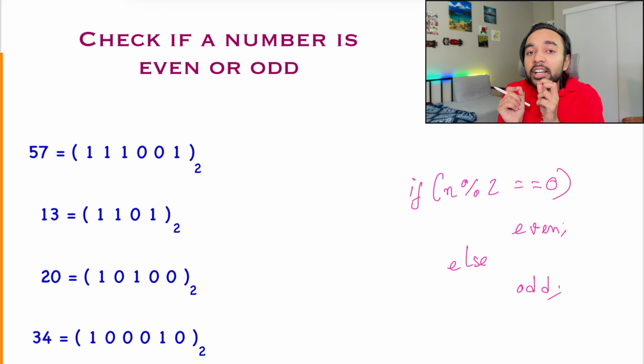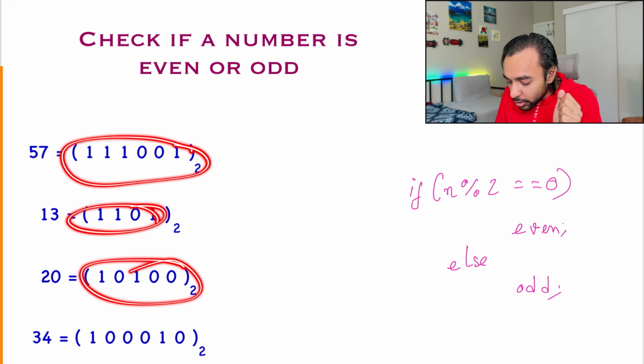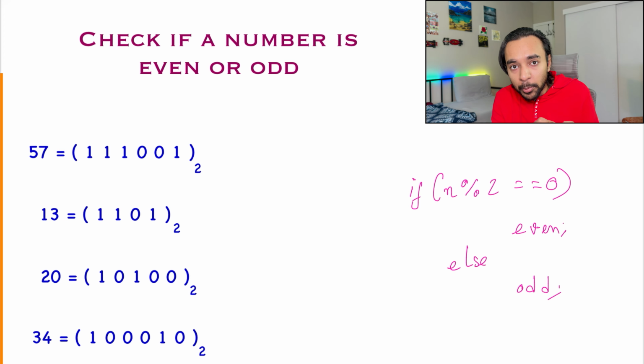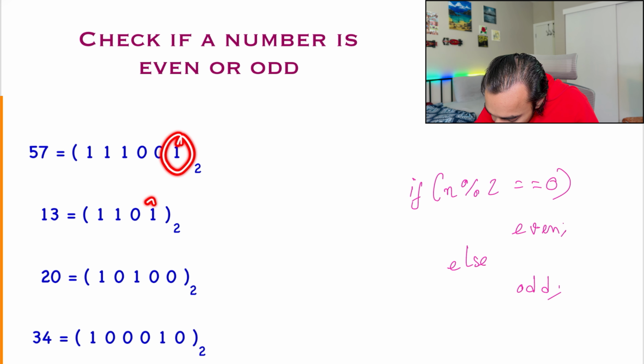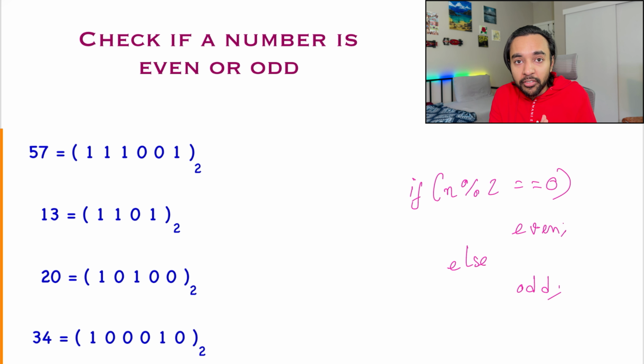But we never take advantage of the fact that these numbers are stored as bits when it comes to your memory. And what about these bits? If the number is odd, then this last bit will always be 1. If the number is even, this last bit will always be 0. And that is true for every number available.